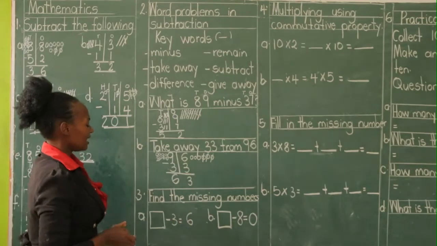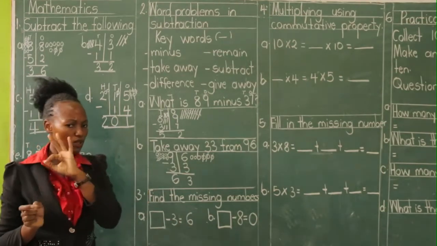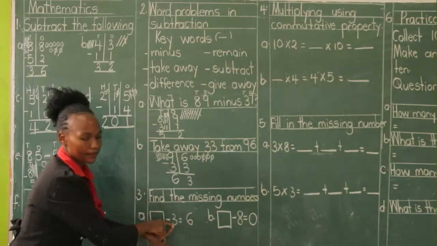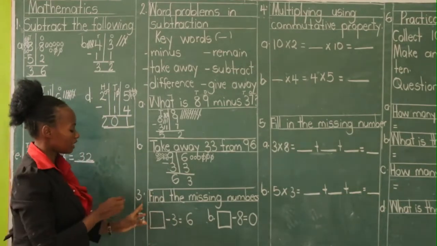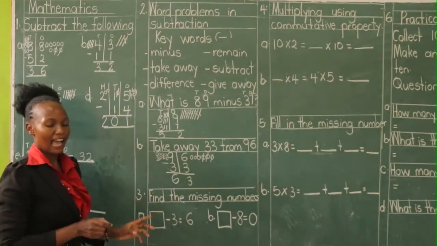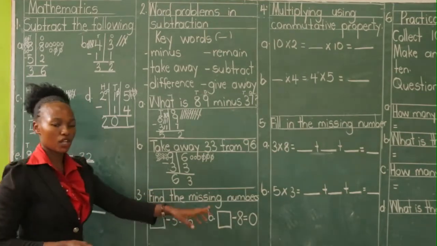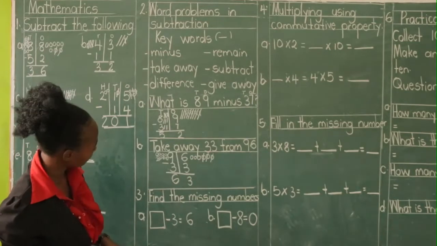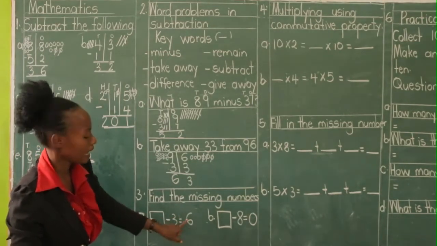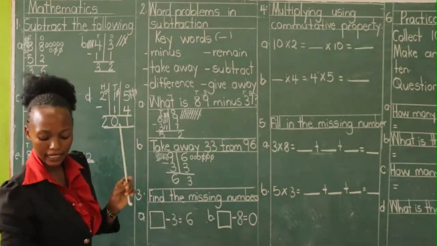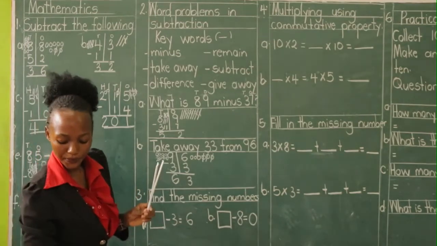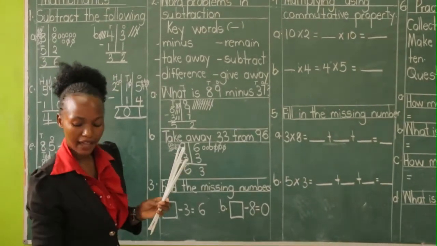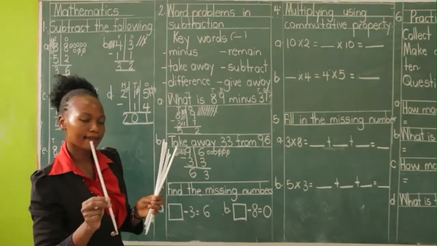Now here, let's first get the answer. We add this, which they've told us to subtract, to this. When we put it together, we shall find the answer. I get the answer which is here, my 6: 1, 2, 3, 4, 5, 6.